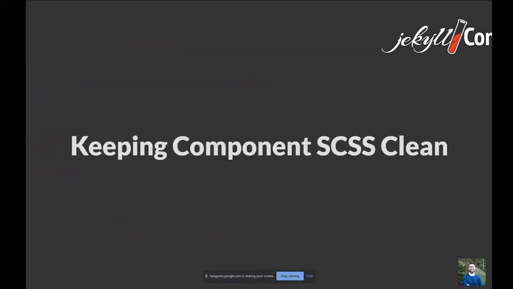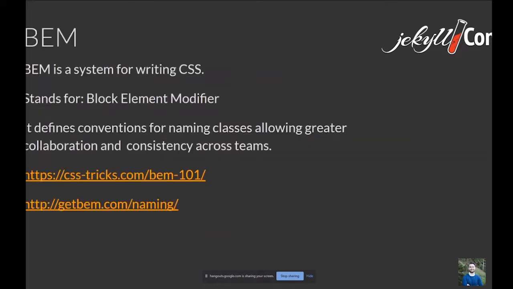So Jekyll's one system that we're using to build this structure. The other thing we want to make sure is that our SCSS is clean. For this, we're going to introduce another system. This is called BEM. It's just a system for writing CSS. It's a naming convention that makes sure that you can share this with your team and say, okay, we're using BEM.